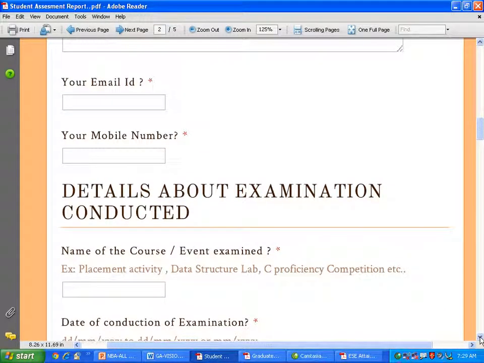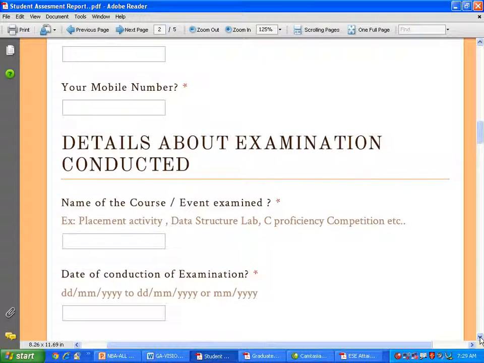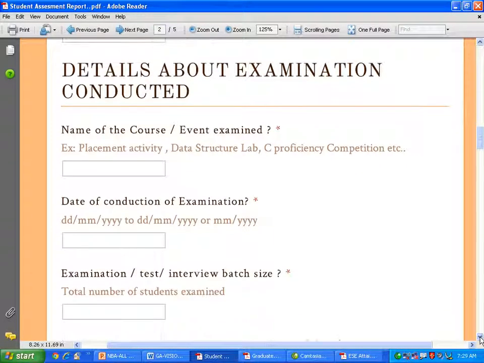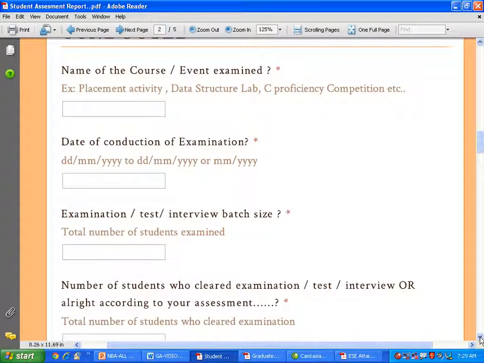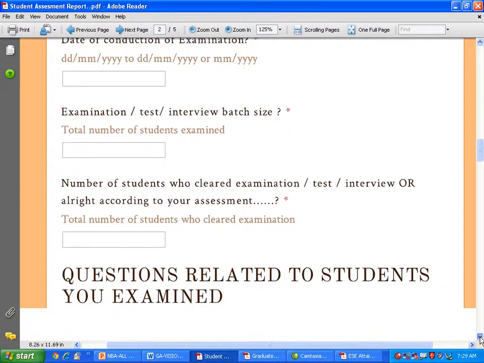Is it a placement activity, or lab or whatever events, then date of conduction of examination, batch size, the number of students who cleared that examination, right?